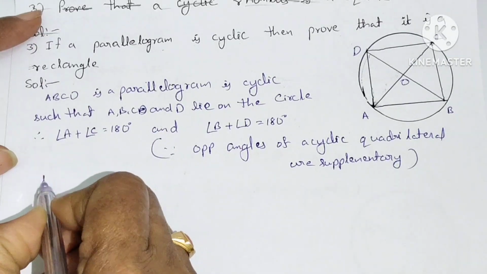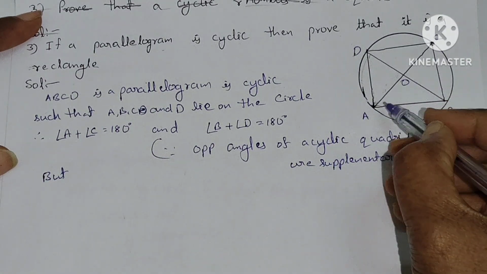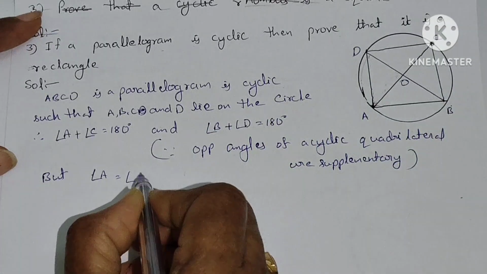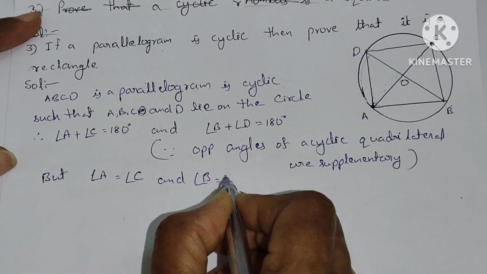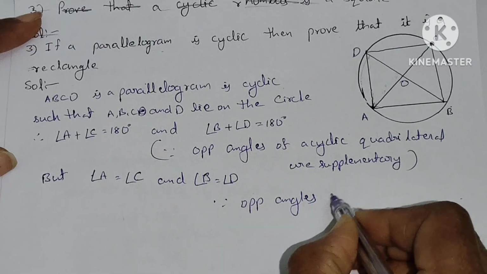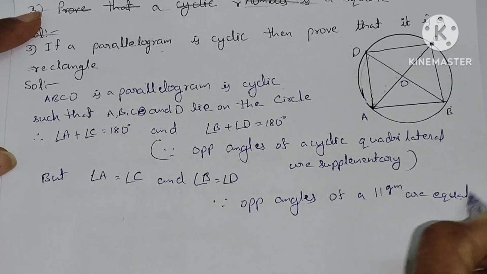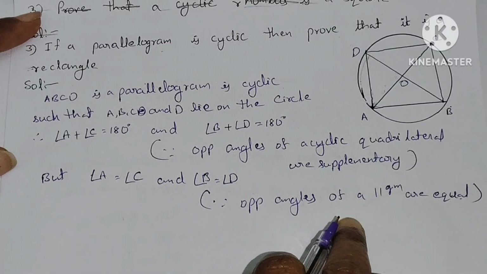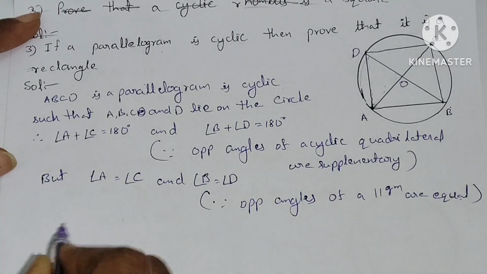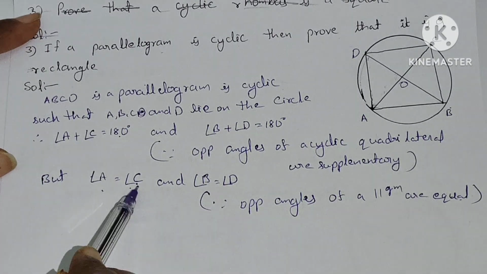But opposite angles of a parallelogram are equal, which means angle A equals angle C and angle B equals angle D. Since these two are equal and their sum is 180, angles A and C are 90 degrees.